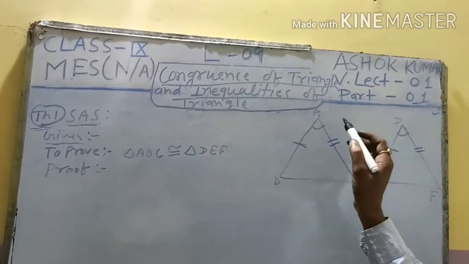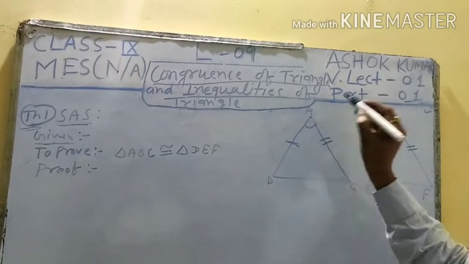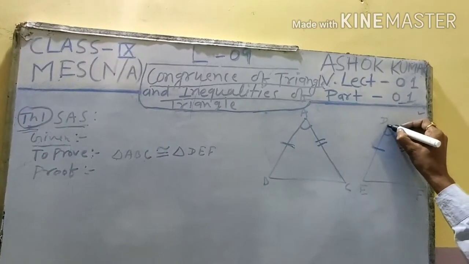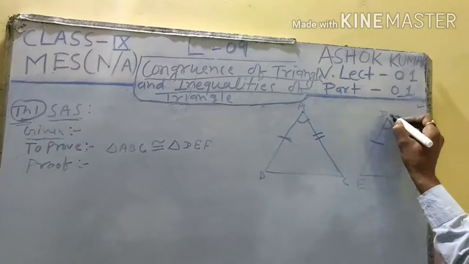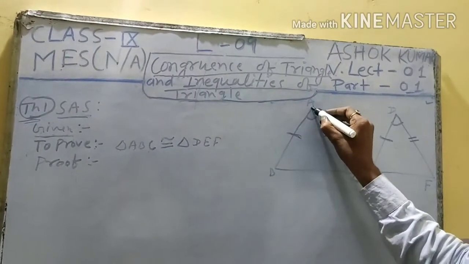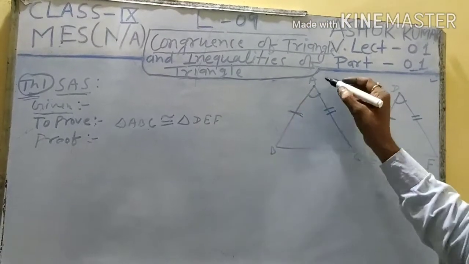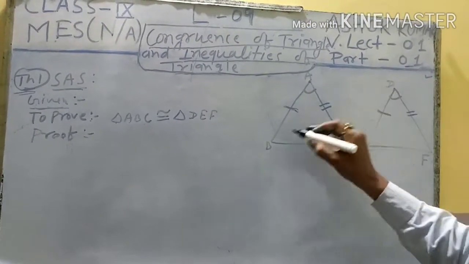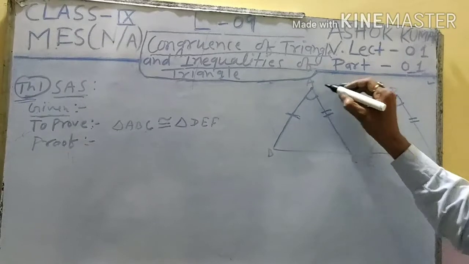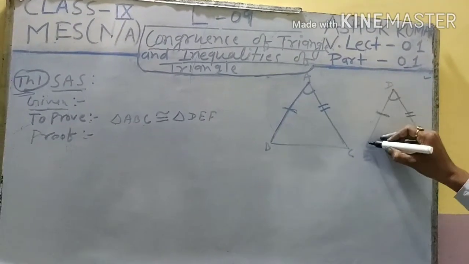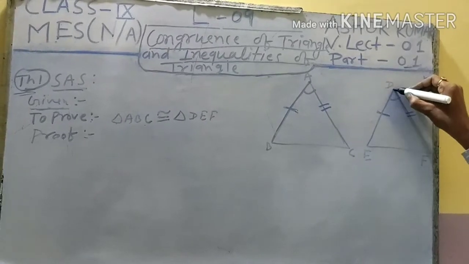Okay. Here, student, first thing, suppose point A falls on D, then A coincides with D. Then, student, if point A falls on D, then line segment AB also falls on DE.